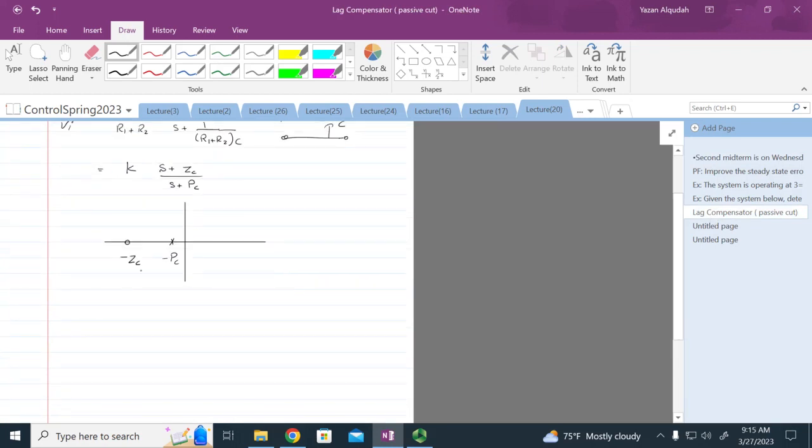So how does the lag compensator improve the steady state error? And that's what we will find out a week from today.